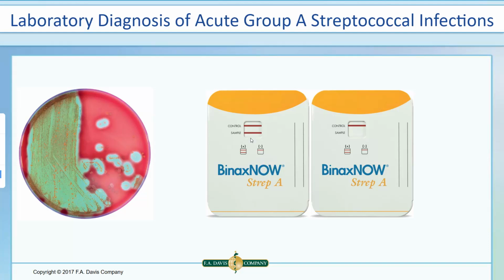And then there would be capture antibodies on the test strip. One of the capture antibodies would be looking for just any typical human protein, and that would be in the control line. And then the other capture line would be specific for strep. So if it turned positive for both lines, then it would be positive. If the sample was negative but the control line was still positive, this would be our negative result.